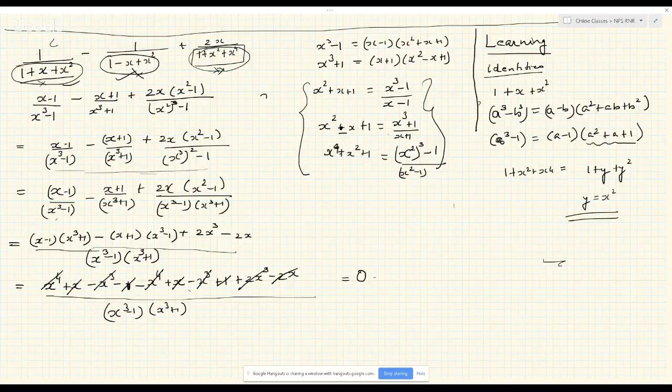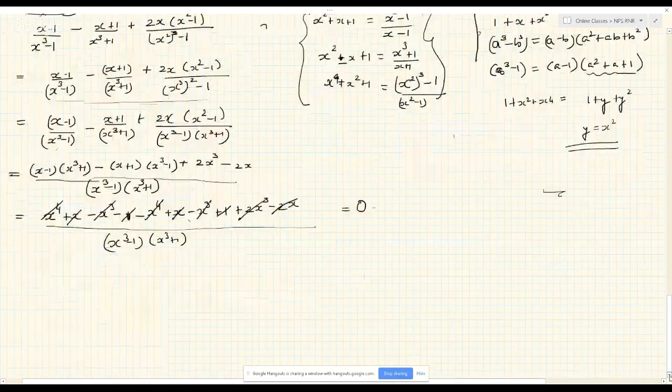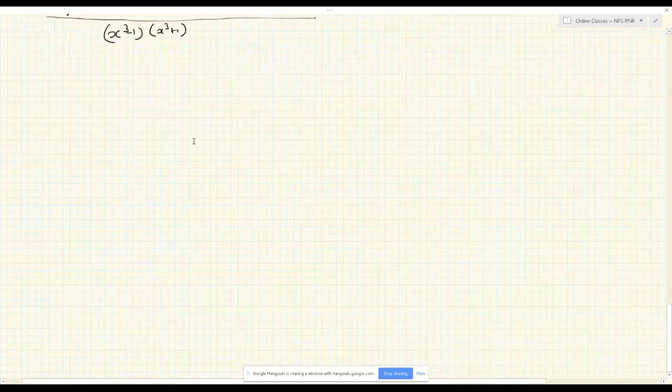So what should be added to 4x upon x square minus 1 to get something? Okay. Question sent by Ronak.